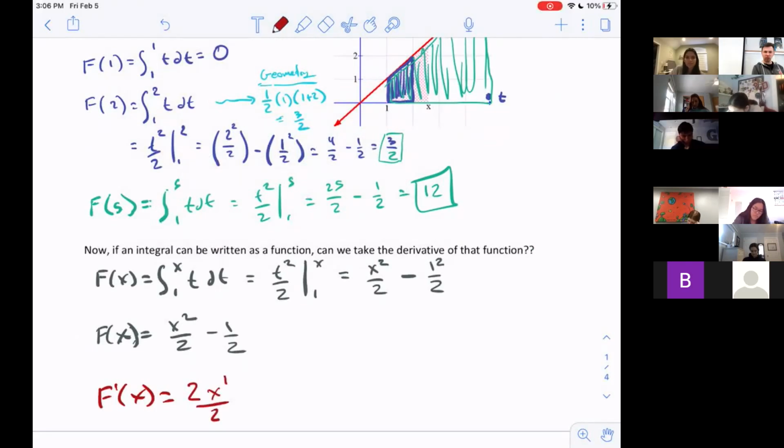Derivative of a half is 0, derivative of a constant is 0. So F prime of x is just x. Yes, that was just t. The derivative is just x.